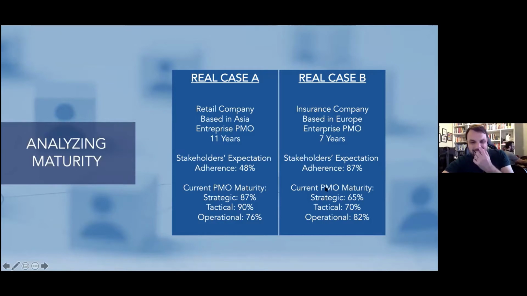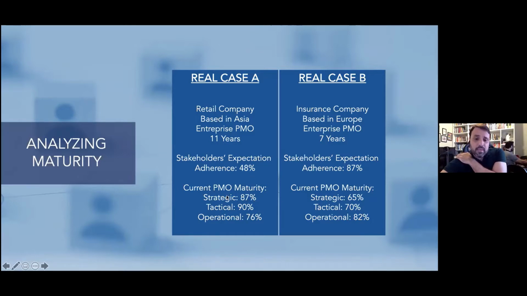When we analyze these two PMOs, we could say that PMO A is a little more mature than PMO B, right? If we take all these numbers, we can see that. Operationally, this one is a little better, but in a strategic and tactical approach, case A is much better. So we could say that this PMO is more mature, yes.